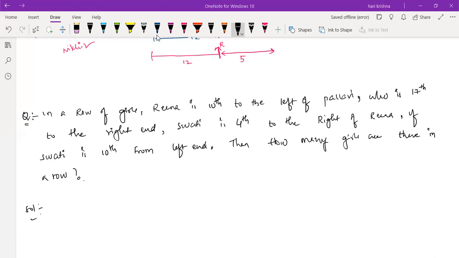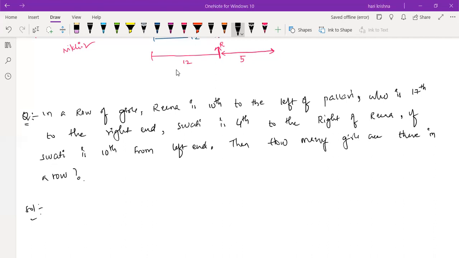Sir, I have one question. Where it says who is 17th to the right end, is it from the left end or from the right end? Because it does not say from the right end, it says to the right end. Okay, Pallavi is there, right? Whenever the word who is used, it is next to Pallavi only, meaning the person before. They said Pallavi, so that means who belongs to Pallavi only. Understand?